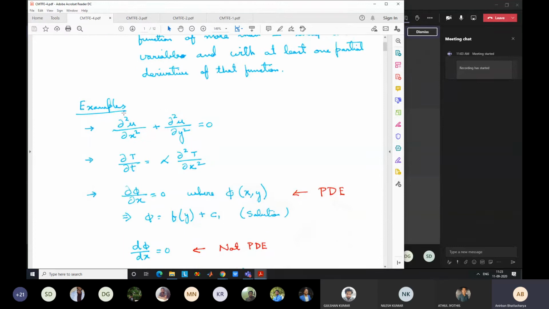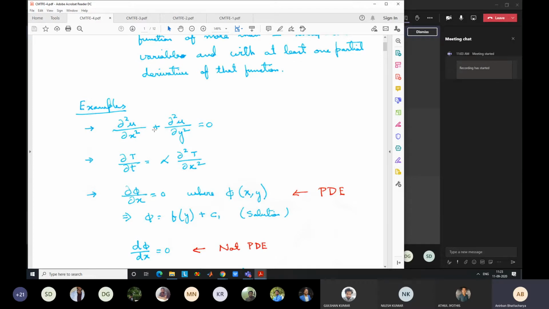So what are the examples? The first, a very common example, is known as a Laplace type of equation: del square u by del x square plus del square u by del y square equal to 0. You will encounter this many times in engineering applications, like a 2D conduction problem, some potential type of flow, or electric potential.